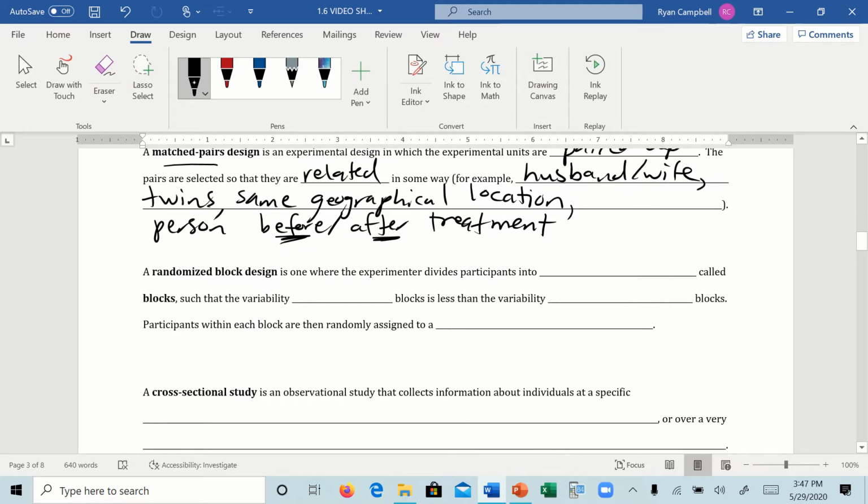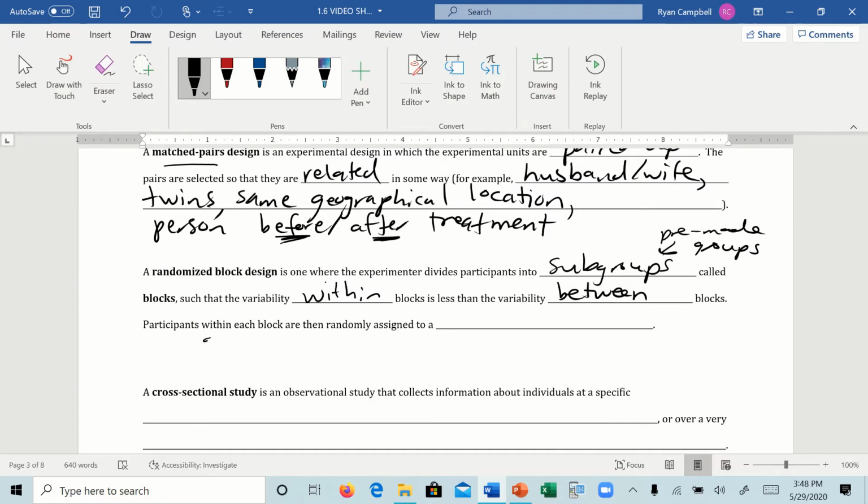A randomized block design is one where the experimenter divides the participants into blocks, or subgroups, excuse me, called blocks. This is the type of pre-made groups that we've talked about, so this would probably be using a cluster or stratified method. The way these blocks work, the variability within the blocks is less than the variability between the blocks.